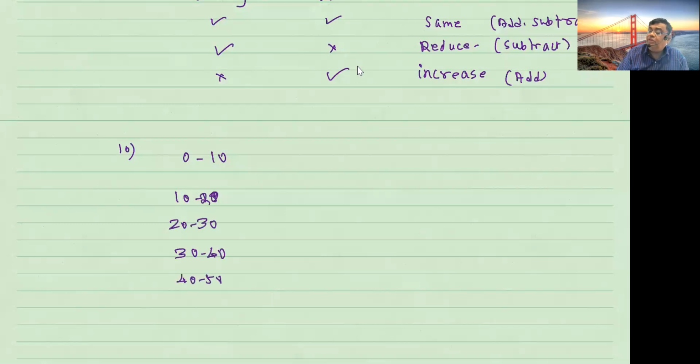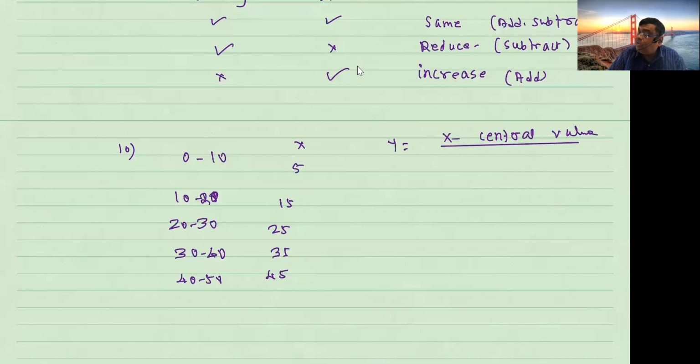My question to you is, tell me, what are the x values? 5, 15, 25, 35, and 45. Now what I do is u equal to x minus central value, and that divided by width of the class.